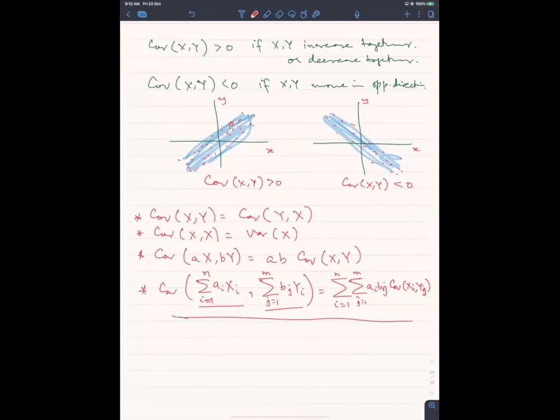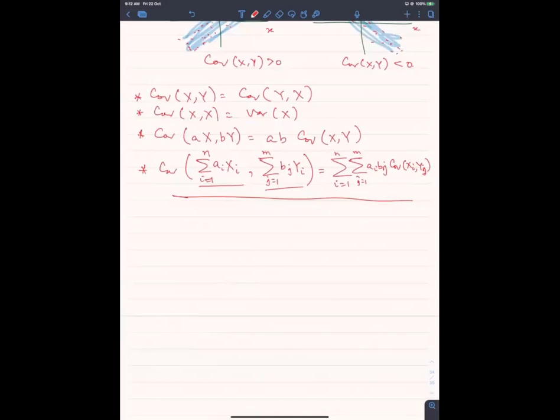Using this, you can find the variance of sums of random variables. And the variance of sums of random variables, there is an expression for that. ये हमने दो steps के अंदर solve कर सकते हैं.